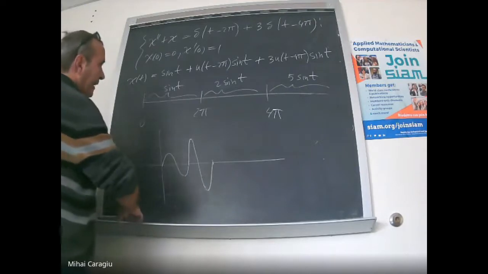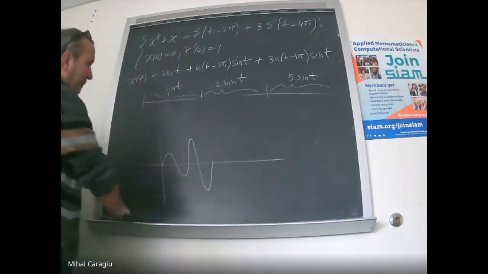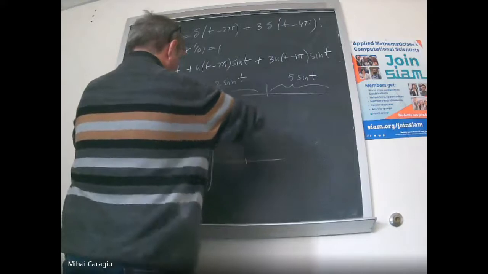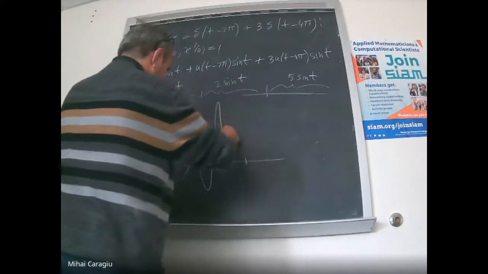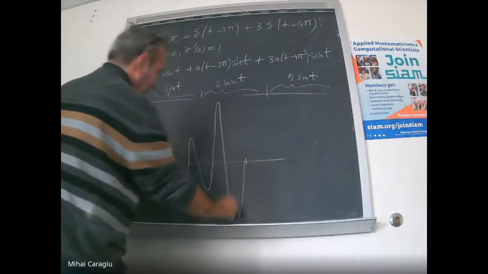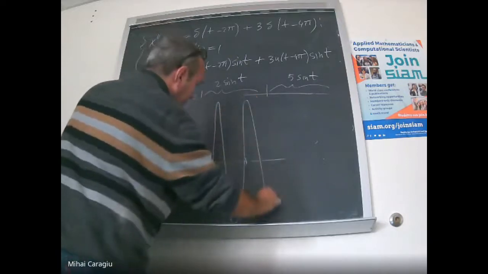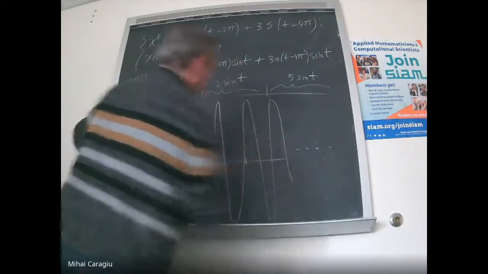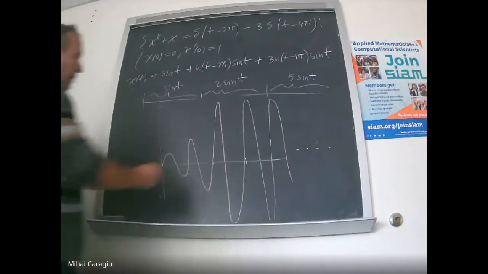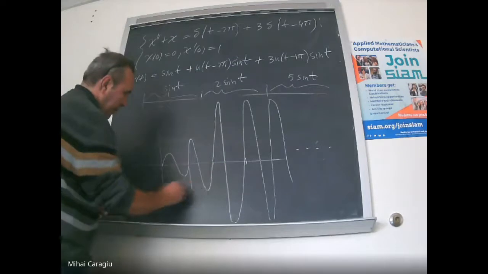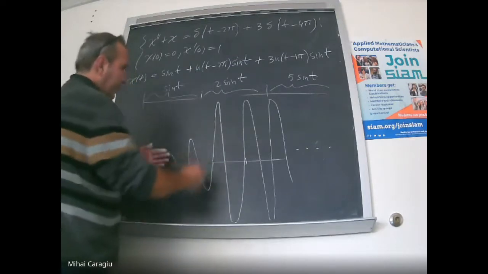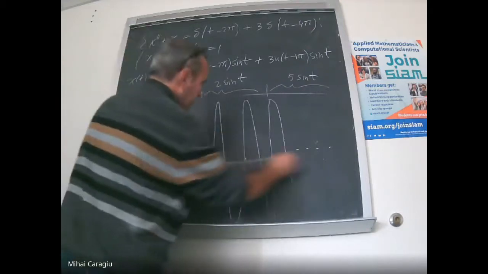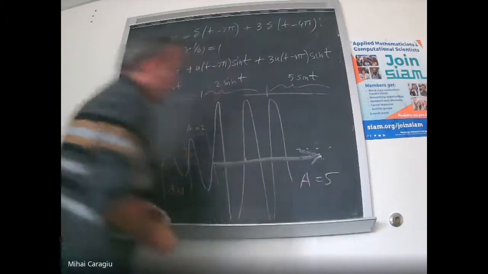Now, between 4 pi and infinity, amplitude increases by a factor of 5. We make it 5 here. Then it will evolve forever with amplitude of 5. So, amplitude 1 here, amplitude 2 between 2 pi and 4 pi, and in this region, amplitude is 5.